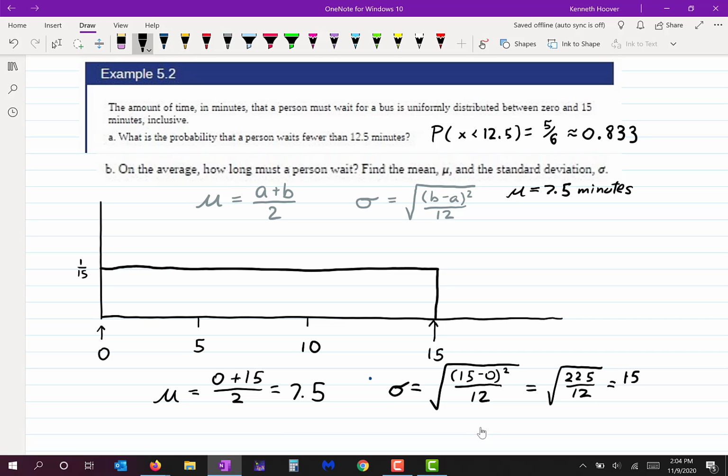The square root of 225 is 15, and the square root of 12 is 2 root 3. Okay, but it's more useful to figure out what that is as a decimal. So let me calculate that here.